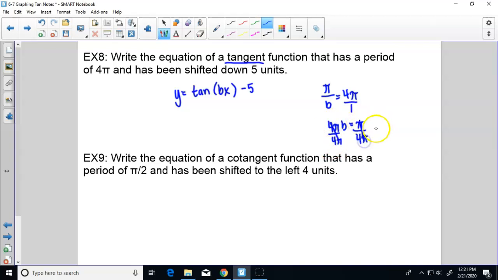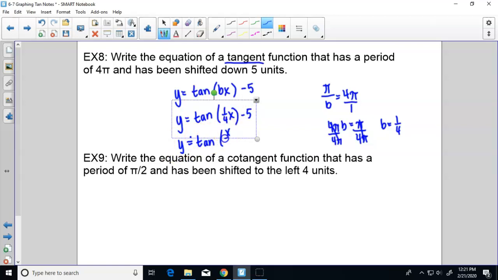And the pi's will cancel, so I will get b is 1/4. So we would say y equals tangent of 1/4 x minus 5. You also might see this written like this: y equals tangent of x over 4 minus 5.